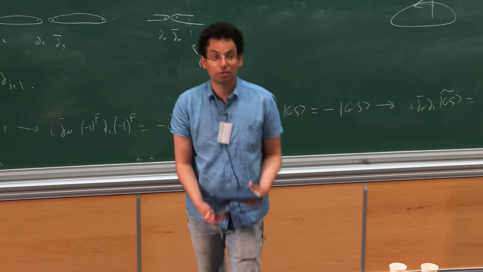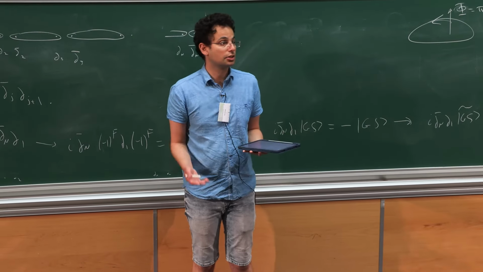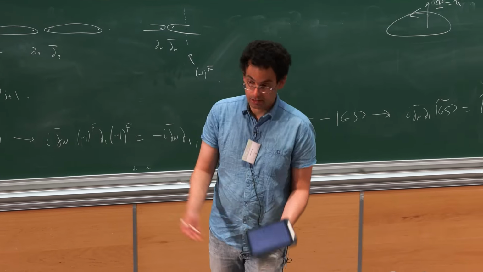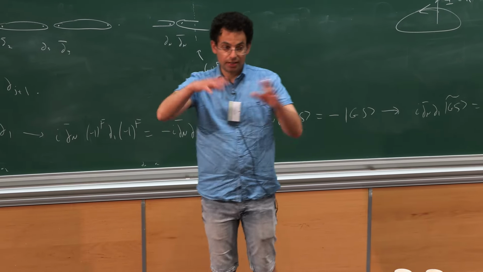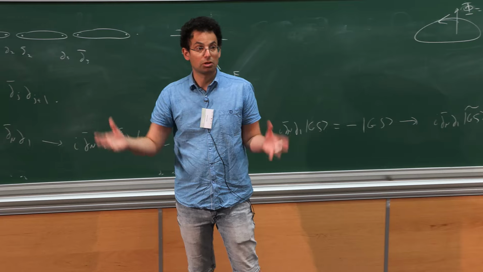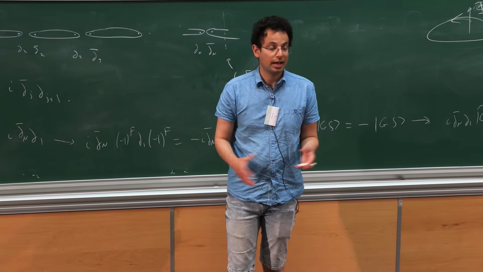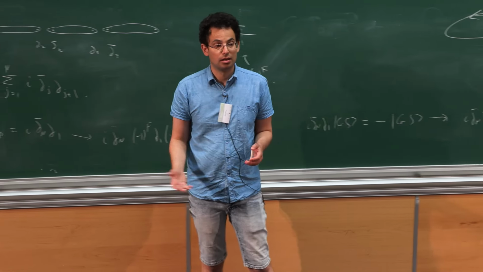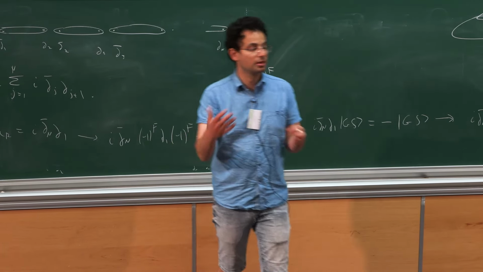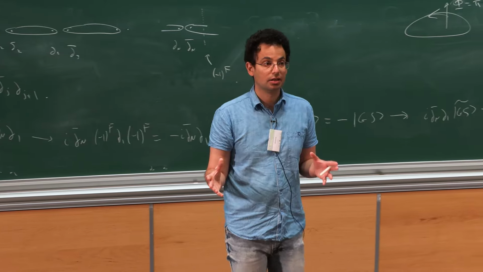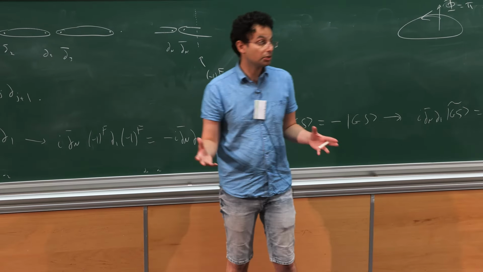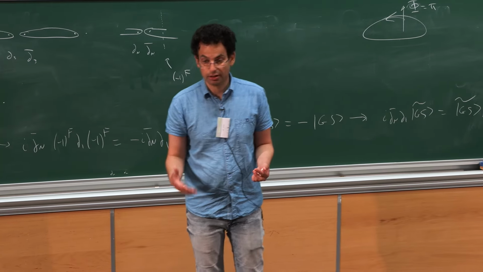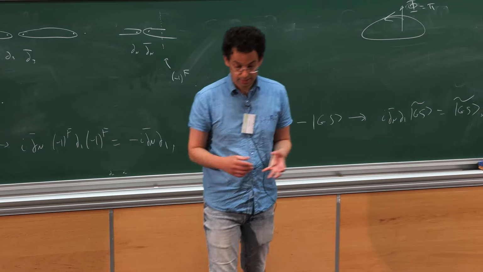And this will turn out to be a general strategy for detecting non-triviality of invertible phases. We'll need to place the theory on some closed space-time manifold, and the partition function on that manifold, possibly in the presence of some background gauge fields for the symmetry group, will characterize the phase.